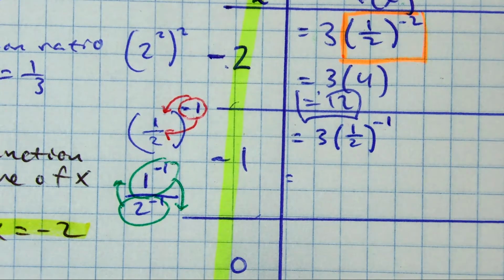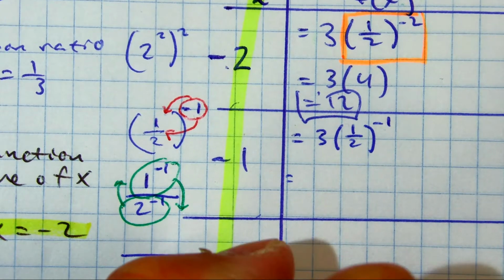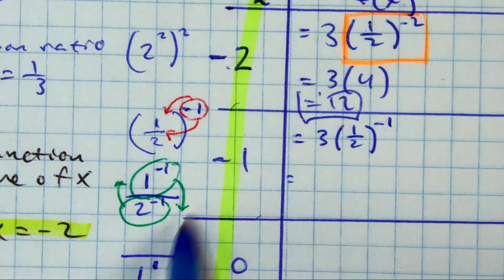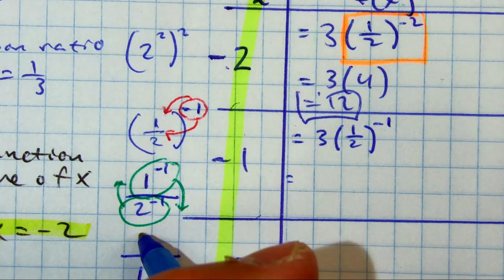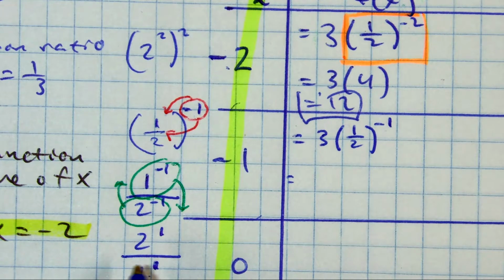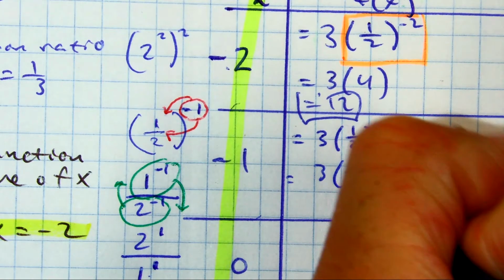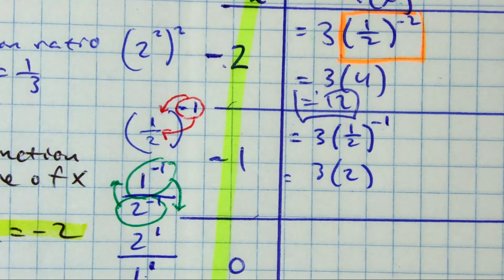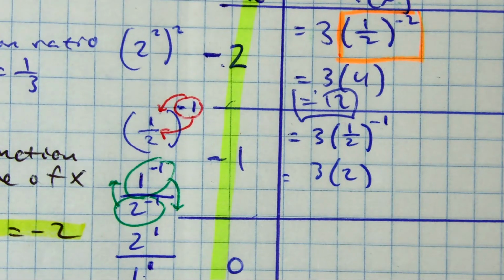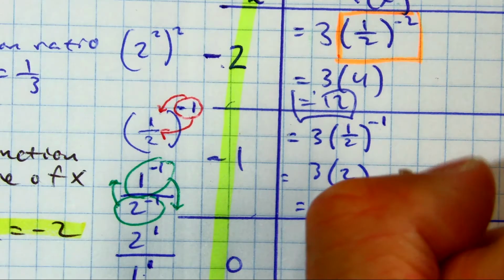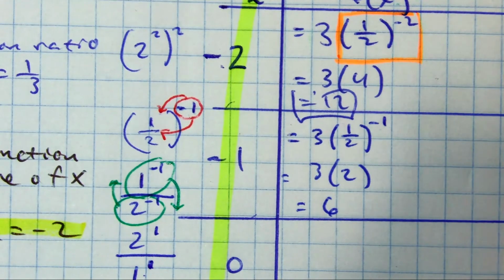It's in the right location. So this becomes 1 to the 1 power, and this becomes 2 to the 1st power. Class, what's 2 to the 1st power? So this is 3 times 2. Raise your hand if you got that. And if you multiply that, you get what? 6. So -1, 6.